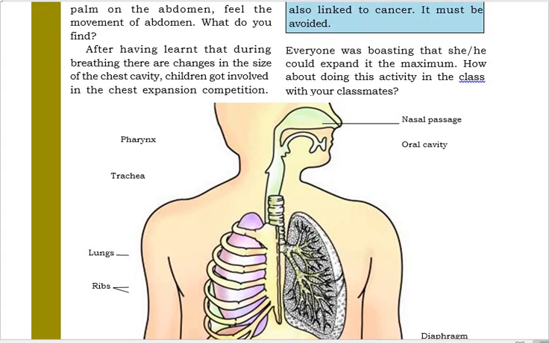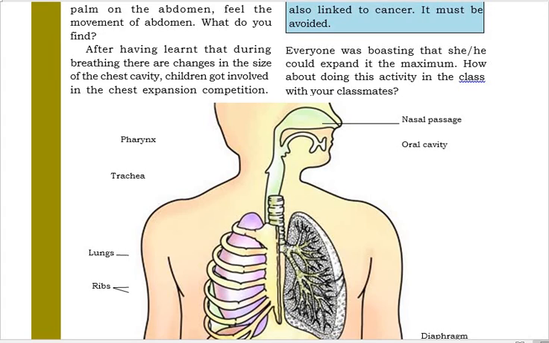After having learned that during breathing there are changes in the size of the chest cavity, last class I had explained how the chest cavity increases its size and how inhalation takes place, and what happens during the exhalation process.